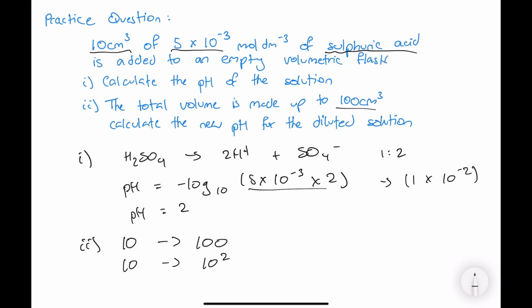So this tells us that the concentration of the H+ decreases by a factor of 10. And if you can recall from the formula, the pH is the negative log of base 10. So since the concentration decreases by a factor of 10, we know that the pH increases by 1 because the formula is negative. So the new pH is simply 2 plus 1. So it's 3.